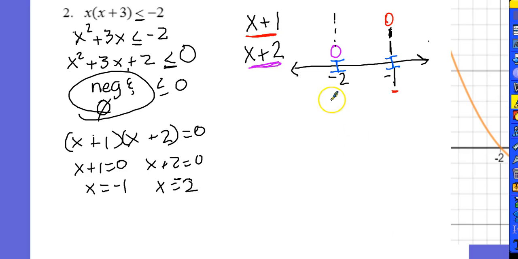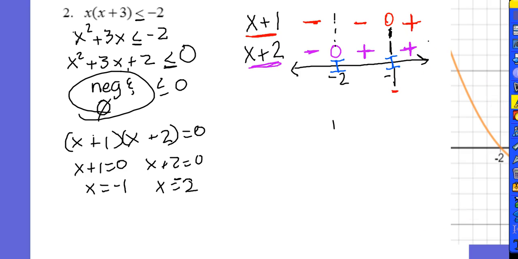Now we're going to put in our signs. For x plus 1, if we plug in a -3, that would create -2. If we plug in a -1.5, that would create a -1/2. If we plug in a 0, we get a +1. For the second one, if we plug in a -3, we get -1. If we plug in a -1.5, we get +1/2. If we plug in 0, we get 2.